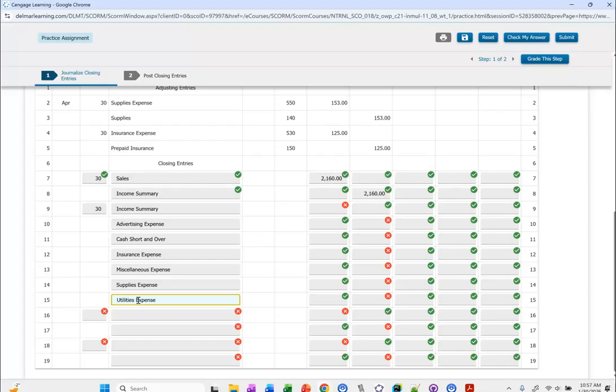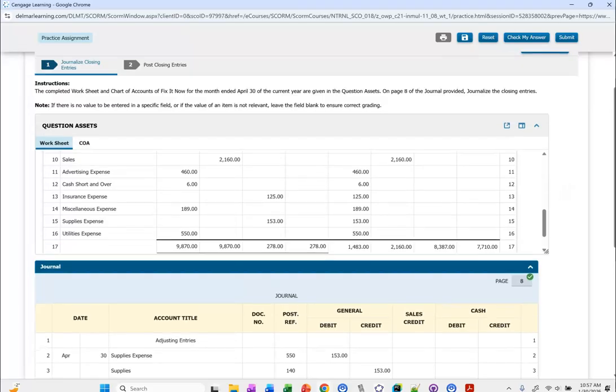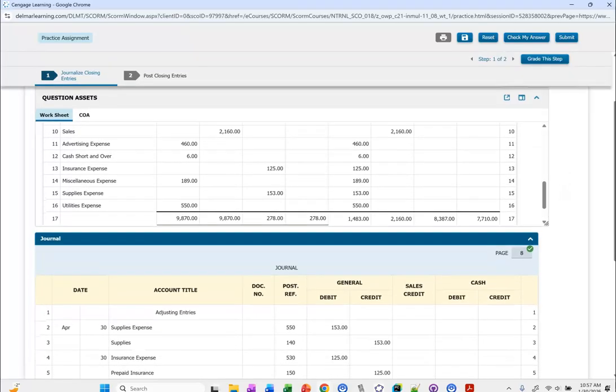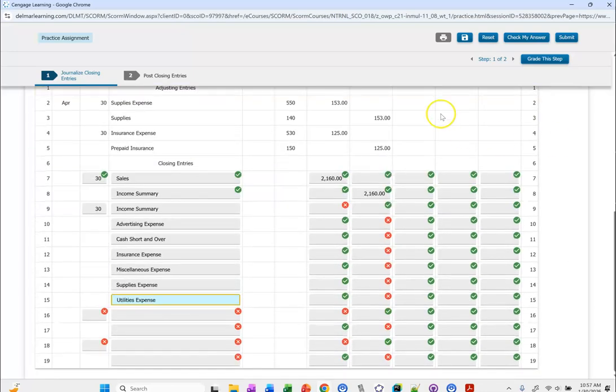So now I'm going to go back to the worksheet. I'm going to leave the income summary for a moment because to get that number, I need to add up these expense values. So I'm going to go back to my worksheet and start transferring these values over. So my advertising is $460 and cash short was $6. $466.